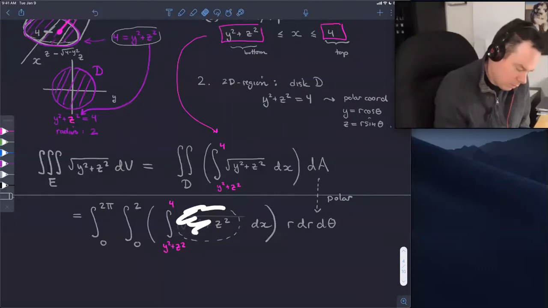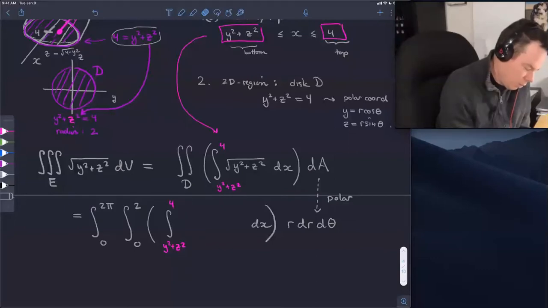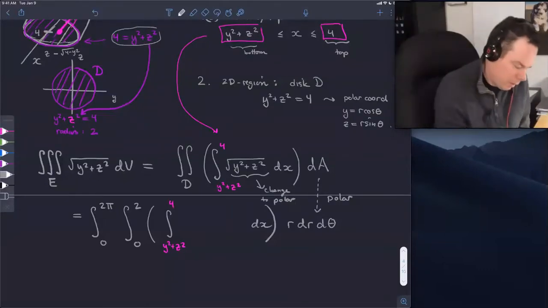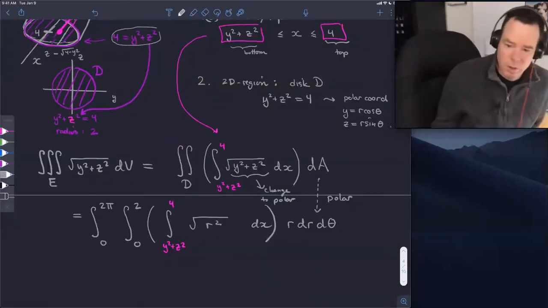Is your integrand going to be just r squared now? Which one? Your lower limit. Oh, yes. Once we do this change, we'll get those updated. So this one, we're going to change to polar, and that becomes the square root of r squared, which will become just an r, essentially.